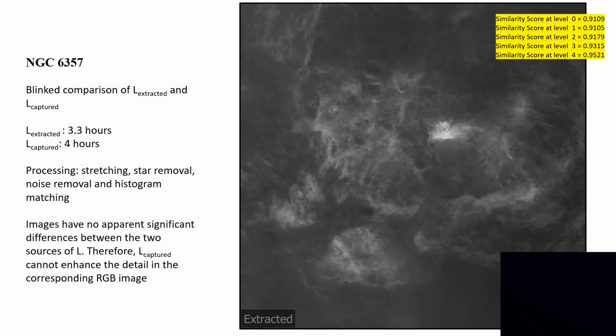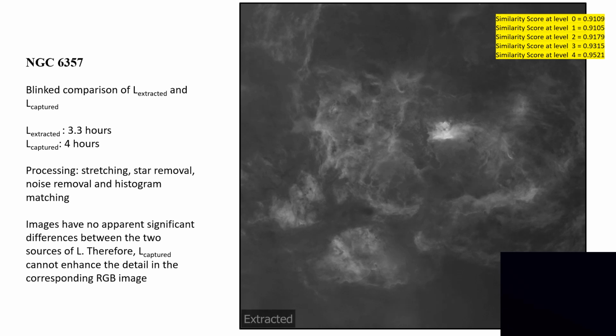There were 3.3 hours of L extracted from the RGB, so 3.3 hours equivalent of L. The L that was captured separately was 4 hours. The images were stretched, stars removed, noise removed, and histogram matched, nothing else.